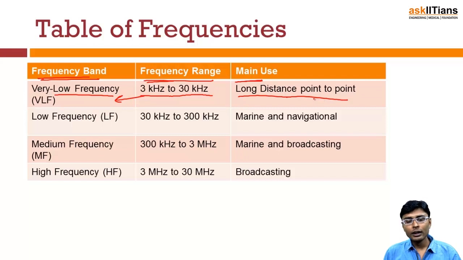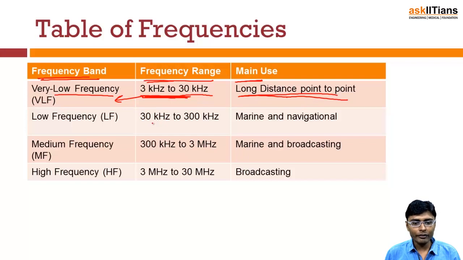We know that the lower the frequency, the greater the distance. Therefore the signals lying in this range, 3 kilohertz to 30 kilohertz, can travel a very long distance, and so they are used for long distance point to point communication.